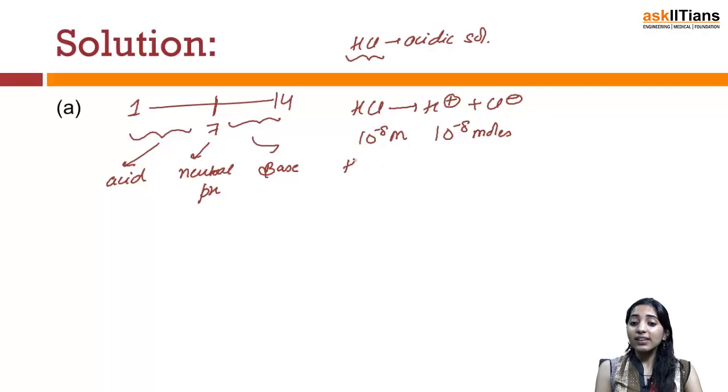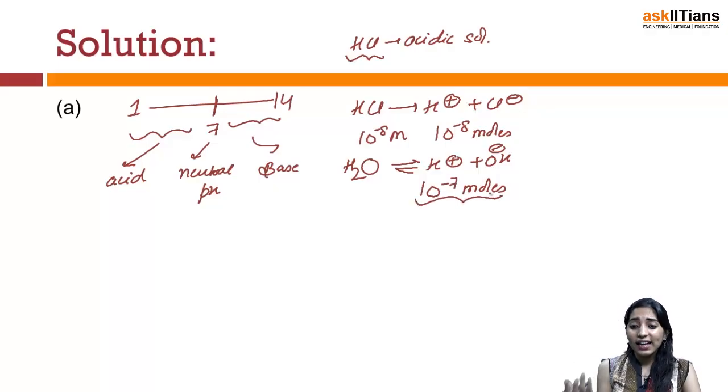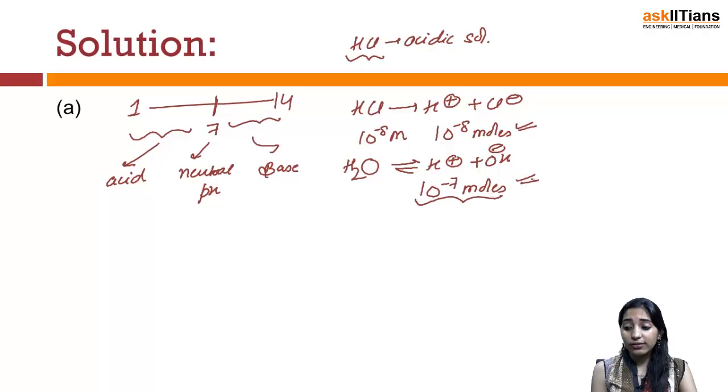But there is another reaction where water is dissociated to H positive plus OH minus. At normal room temperature, we say that it gives 10 to the power minus 7 moles of H positive from water. Since this value is not very small compared to the other, both are comparable enough.